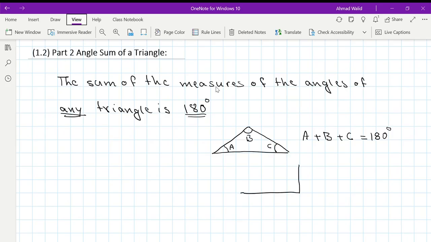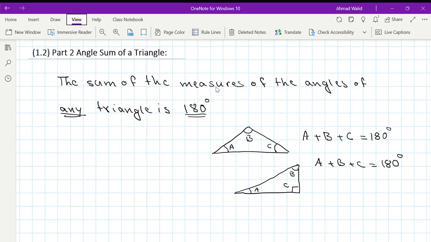Soon I will explain what is a right triangle, what is an acute triangle, all of them. If I name here A, B, and this angle is right, C, correct? A plus B plus C in the second diagram is also 180 degrees, correct?